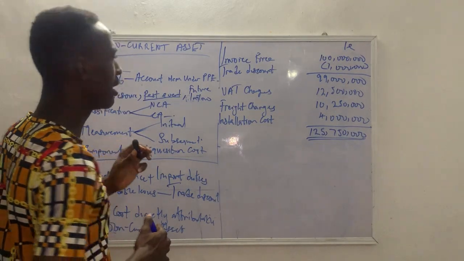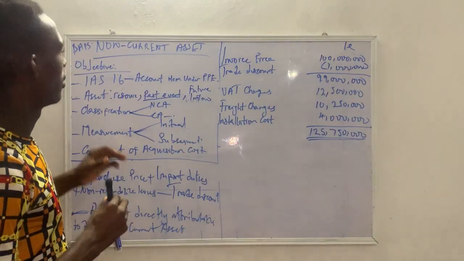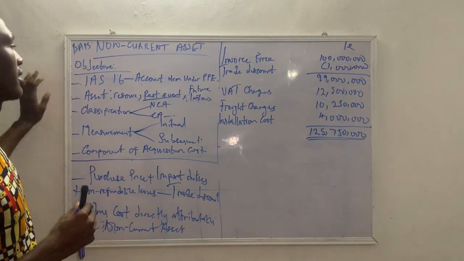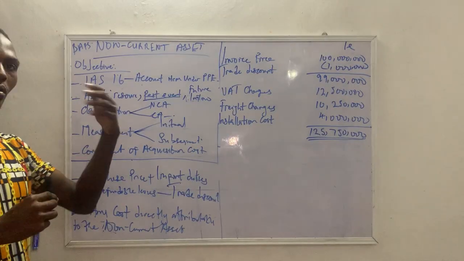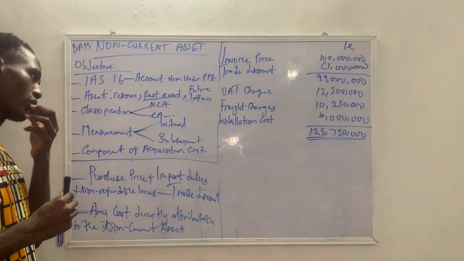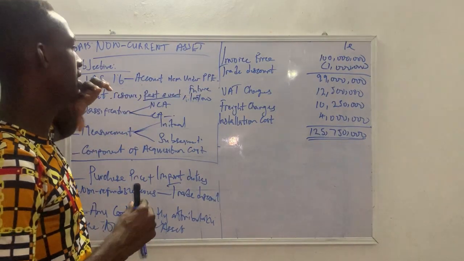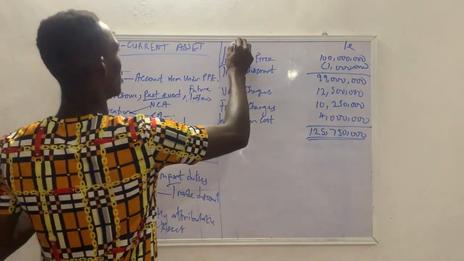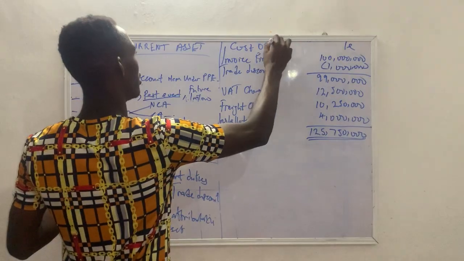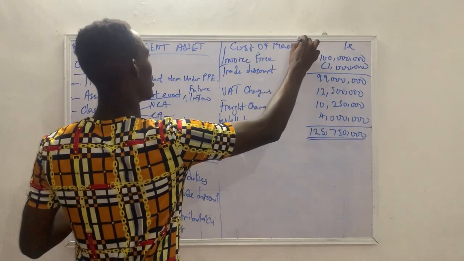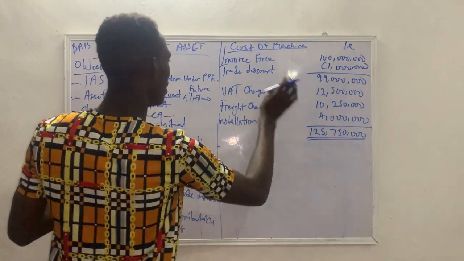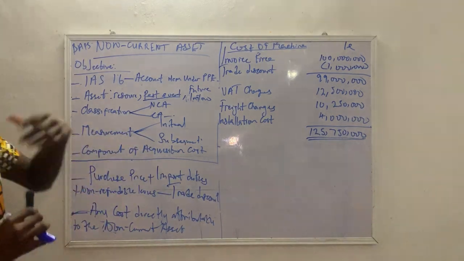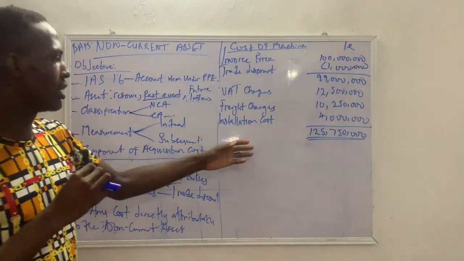Now, this is not the end of this class. You understand? We still have a long way to go on non-current assets. In a subsequent class and more classes to come, we'll discuss depreciation. So this is basically how you allocate the cost of the machine, that is the cost of the non-current assets. Once you know this and understand it properly, we are going to teach you how to depreciate.